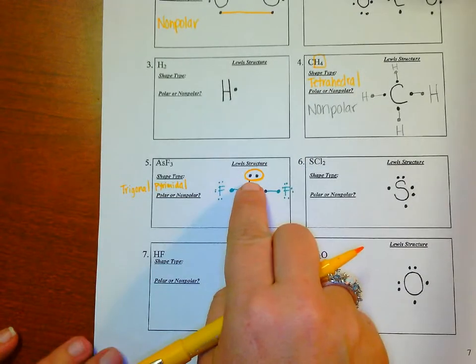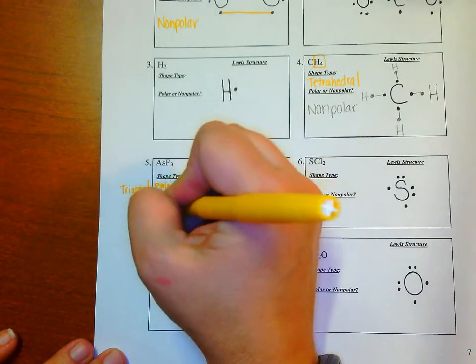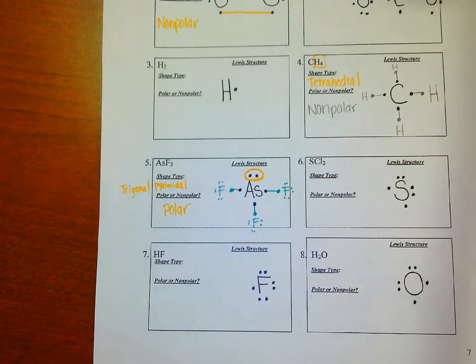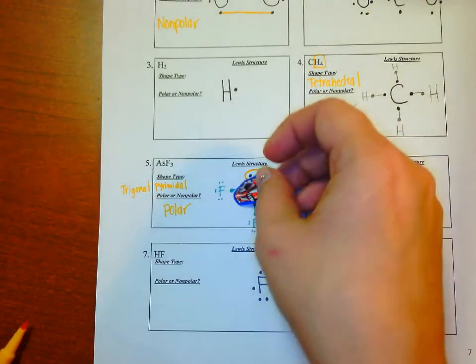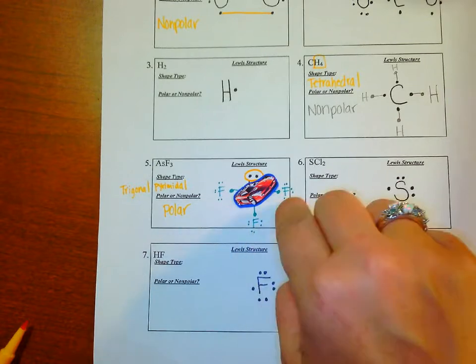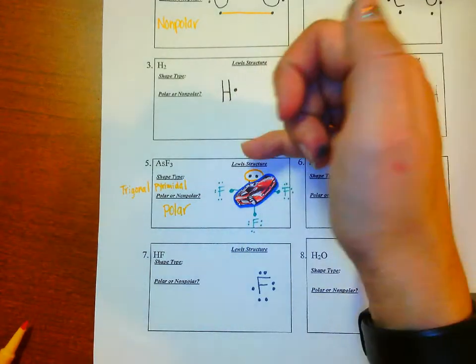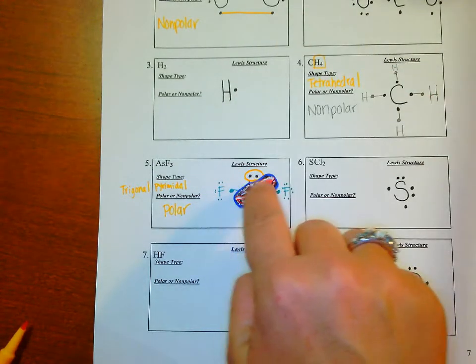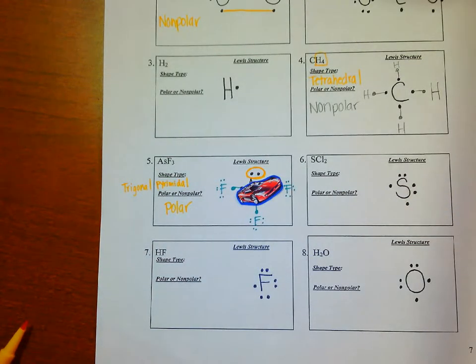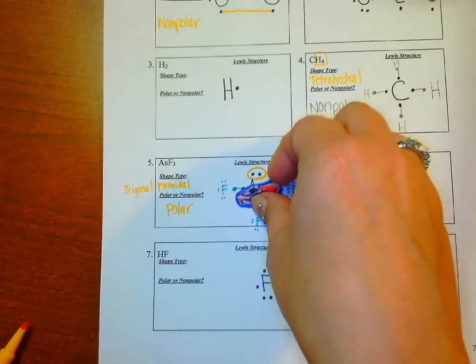This lone pair up here makes this a polar molecule. Because again, if you covered up the center atom, there's certainly fluorine on 3 sides, but the 4th side is not the same. Anytime you have a lone pair on the center atom, that's going to immediately tell you it's a polar molecule.